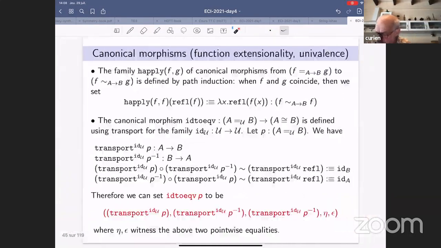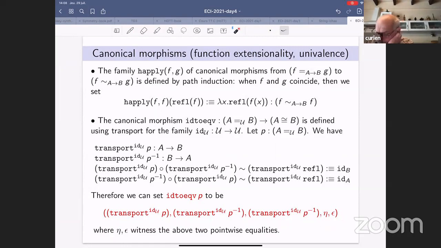So we need a function from A to B, we need a function from B to A, and then another one, and then an eta and epsilon. For the moment, I just recall how I get the two functions.